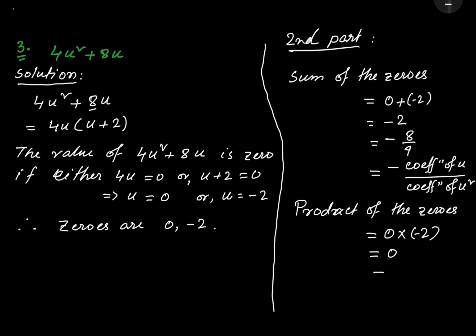This 0 can also be written as 0 by 4, because here the constant term is not there. So take this as 0, constant by coefficient of u square. This is also verified.